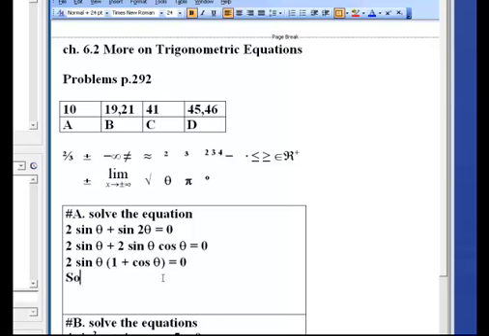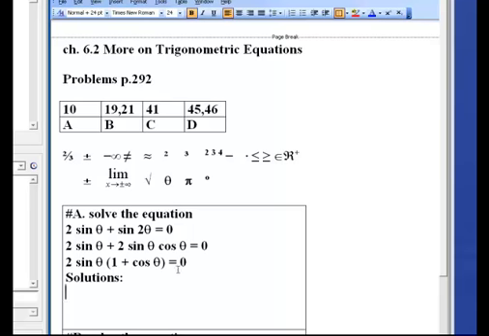Okay, here we have arrived at where we can determine the solutions. Theta is going to be, well, the first one, sine theta equals 0. So that's going to be simply theta equals 0 as well as 180 degrees, and we are supposed to be in degrees, so 0 and 180.